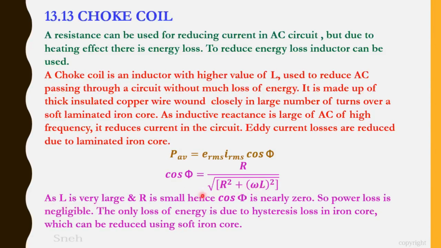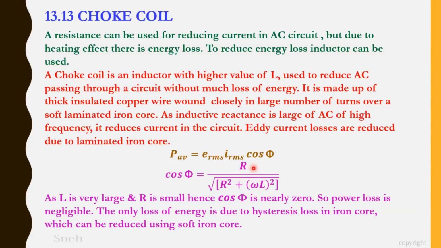As L is very large and R is small, what will happen? Cos phi will be nearly 0.